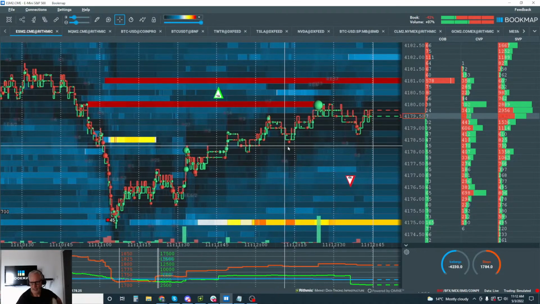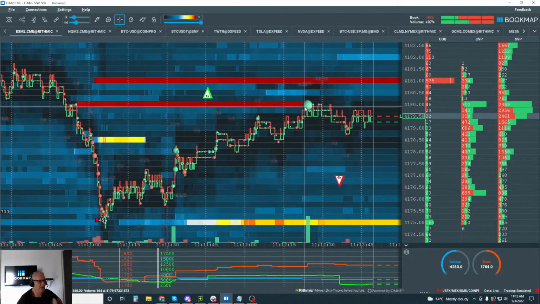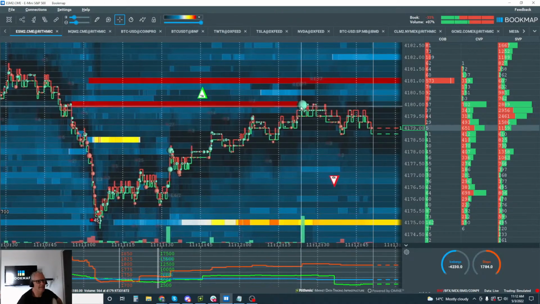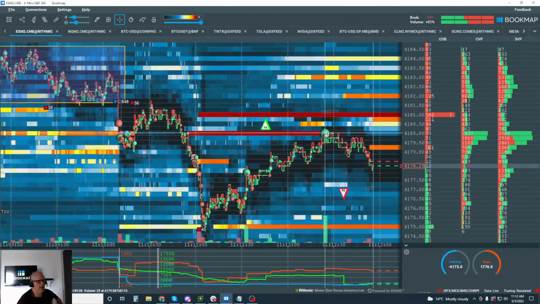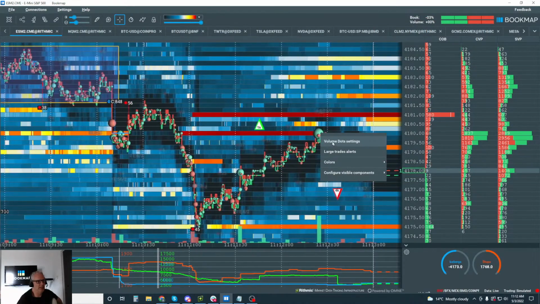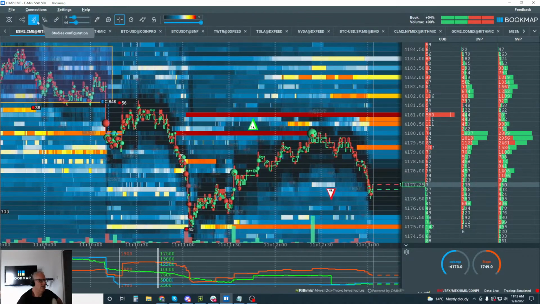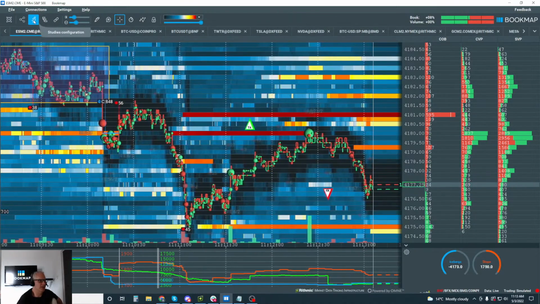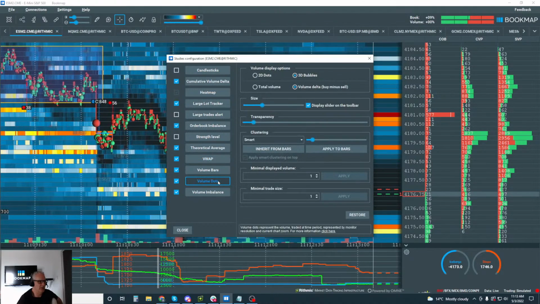Oh, okay, David, you're talking about how to get the volume dots here, a solid color. All right, so there's a couple different ways to get there. One is you can right click on them here and go to volume dot settings. That's a pretty quick and easy way. Another way is to click on studies configuration up here. Let's do that. And then click on volume dots here.